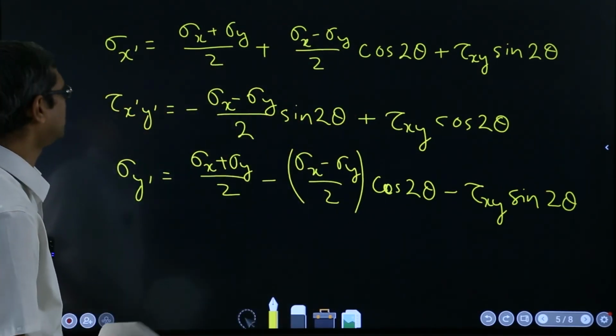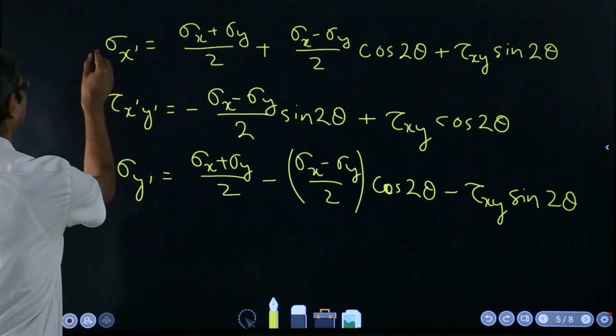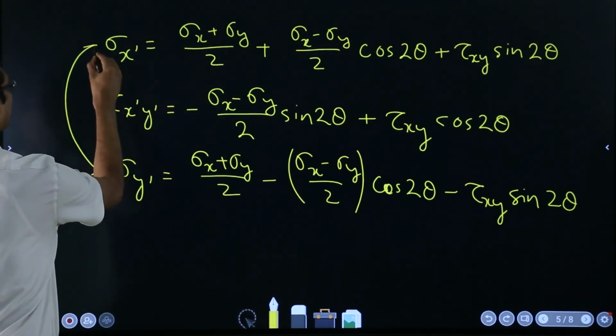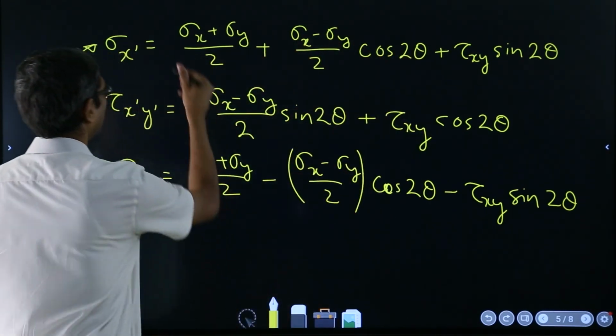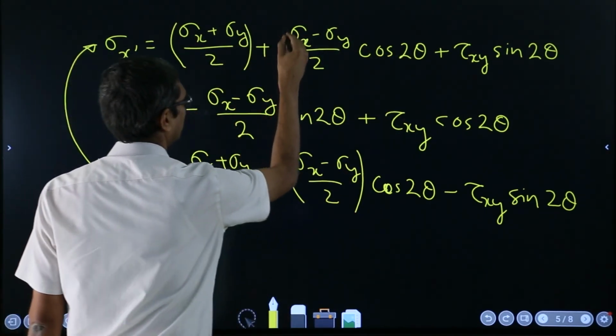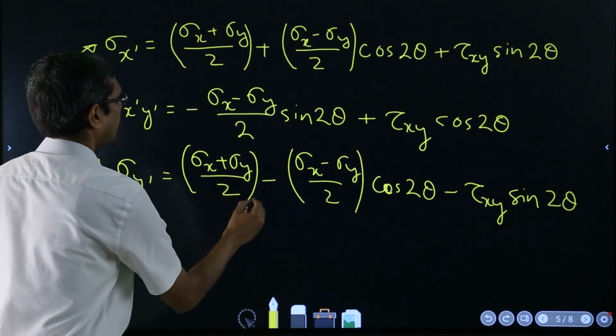Okay. So just observe a point which is important. If you just add them, okay, so these terms will just cancel out. I'll just put some brackets over here so that it will be clear to observe. Okay.